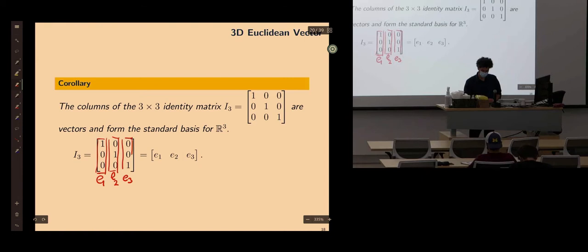Because it's the identity matrix, of course it doesn't have a magnitude. It's a unit vector. This perfectly matches our understanding of 3D space. And you can stack them in a row to get E1, E2, and E3.